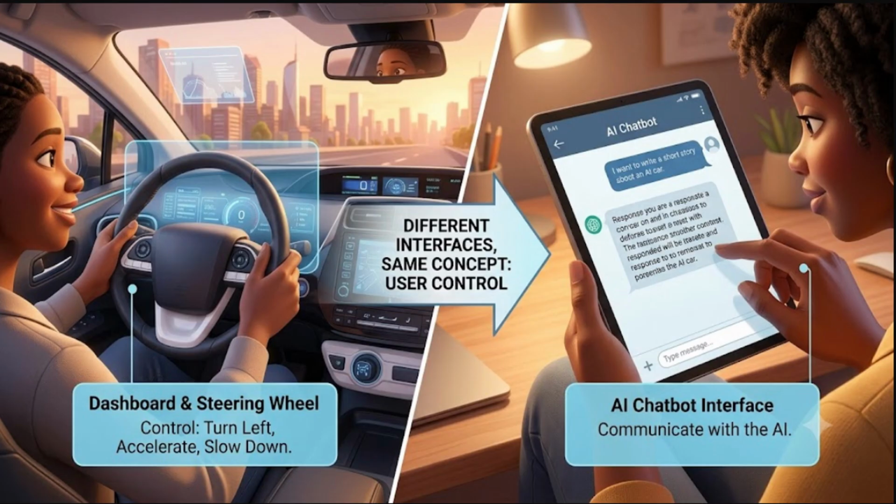Imagine you're driving a car. The dashboard and the steering wheel are the parts you interact with directly. You use them to tell the car what you want to do: turn left, accelerate, or slow down. In the same way, the AI chatbot or AI application is the interface you use to communicate with the AI.